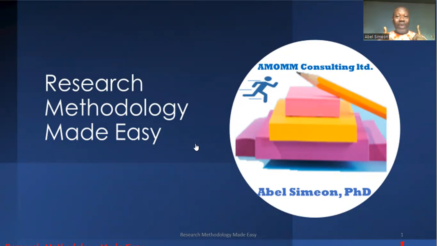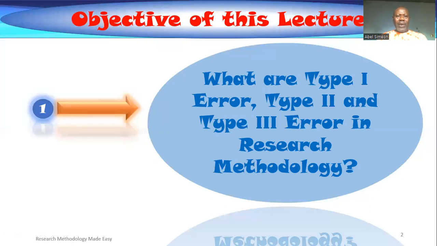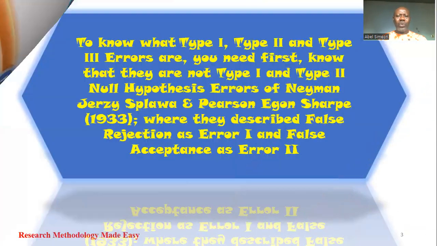But today we are talking about errors: type 1 error, type 2 error, and type 3 error in research methodology. We are basically considering what they are. But please do not mistake it to be that of Neyman and Pearson's error 1 and error 2.